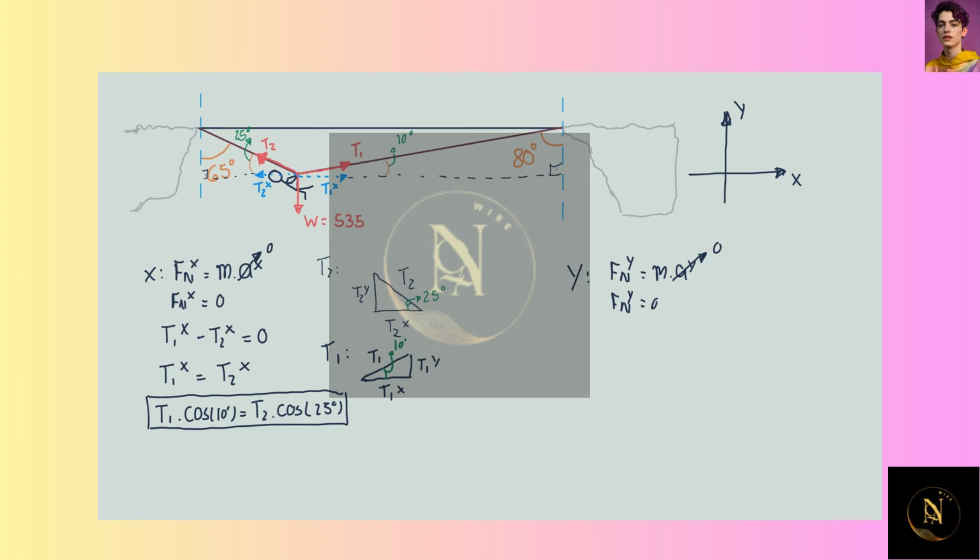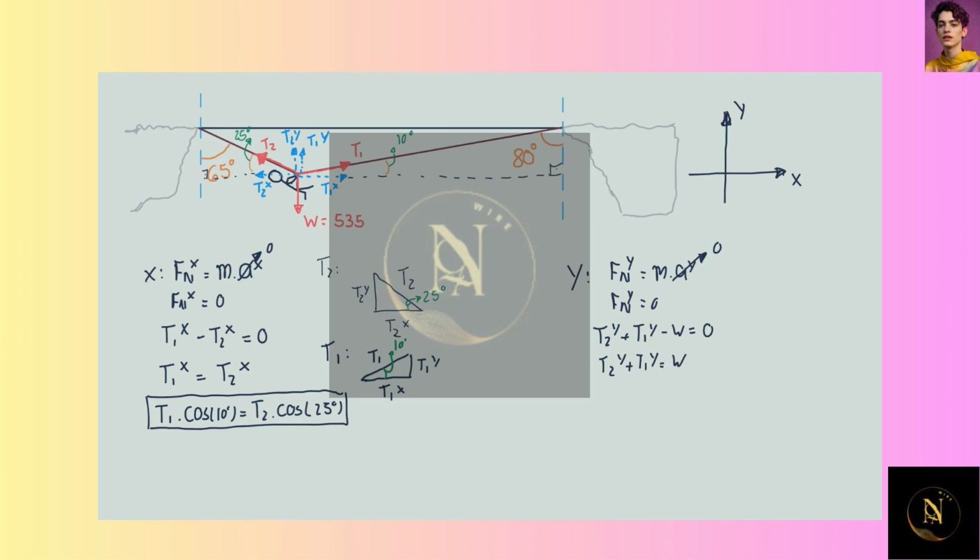But the net force in the y direction is composed by three forces: the weight force and the y components of the tensions. So we have the y component of tension number 2 and the y component of tension number 1. Then, as the tensions point to the positive direction, we have T2y plus T1y minus the weight being equal to 0. Then, T2y plus T1y is equal to the weight force.